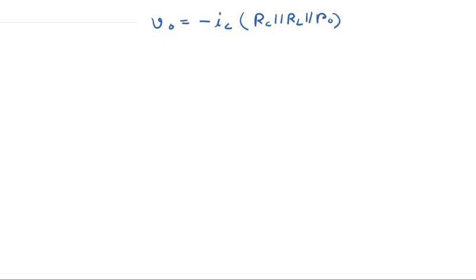Sorry, R0 is not there, since R0 is basically infinity. So minus IC times RC parallel to RL. IC is 0.000311 Vs, and RC and RL are both 6.8 kilo ohms, if you remember.